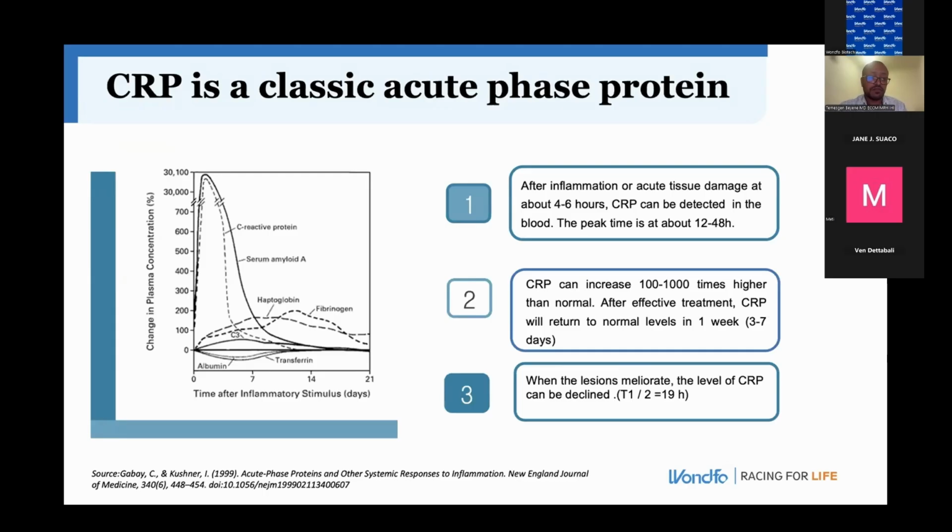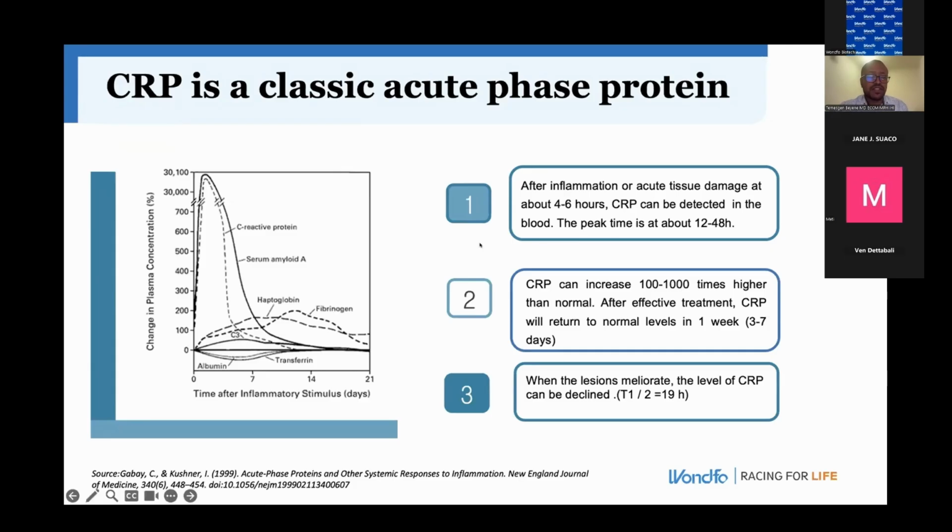Within the first 24 to 48 hours, you can see a significantly peaked CRP level, and subsequently it may rise to hundreds and at times thousands of times higher than the normal range. In that scenario, the degree of the infectious presentation may also be correlated with that. With effective treatment, within 1 week you can see a significant drop to normal levels.